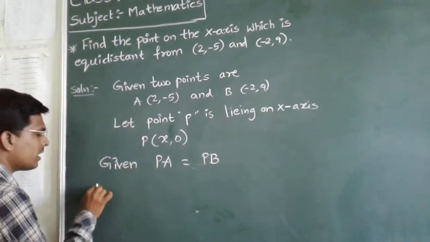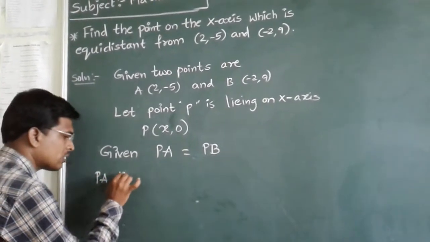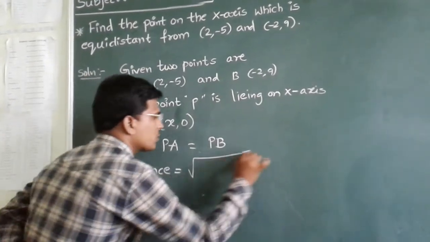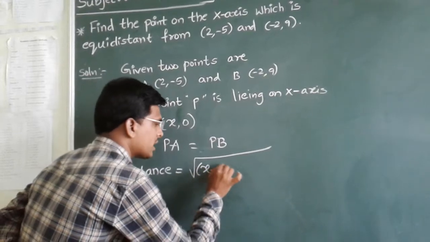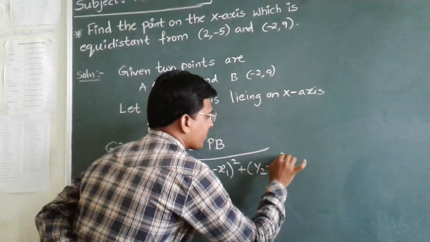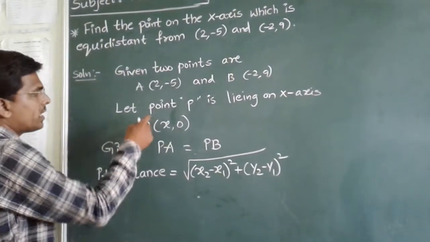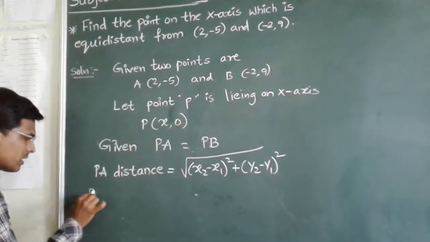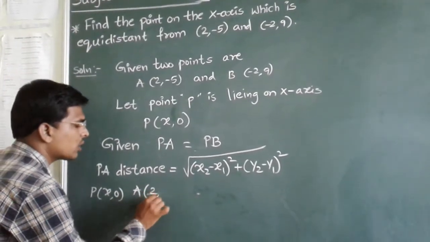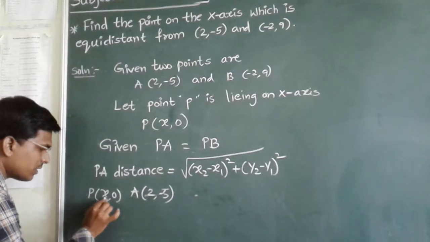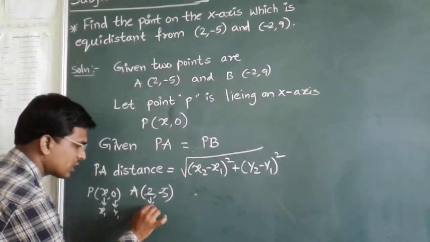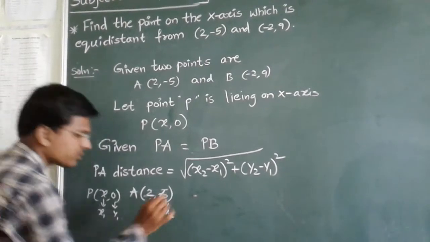First I am finding the distance PA. What is the formula? PA is equal to the square root of (x2 minus x1) whole square plus (y2 minus y1) whole square. Take the 2 points P and A. Here I am taking P (x, 0) and A (2, -5), assuming the first point as (x1, y1) and the second as (x2, y2).